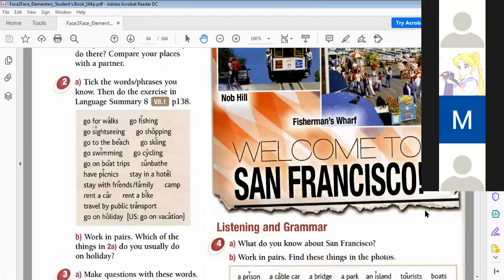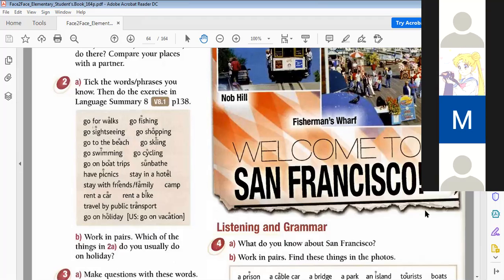And stay in a hotel. And visit famous places. Yes. But which do you think is better, staying with friends or family or staying in a hotel when you go on holiday? I think stay in a hotel.